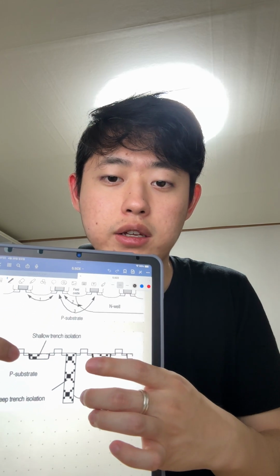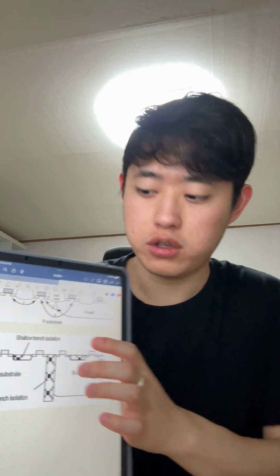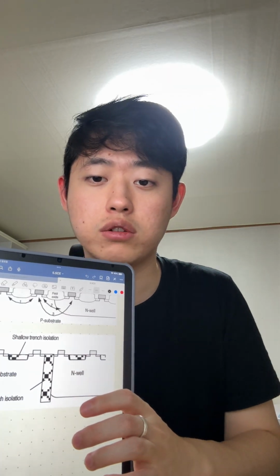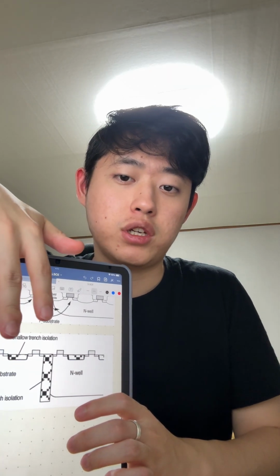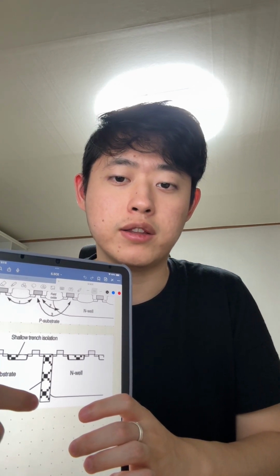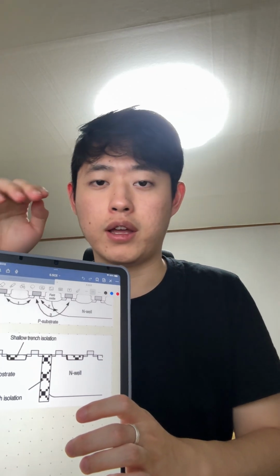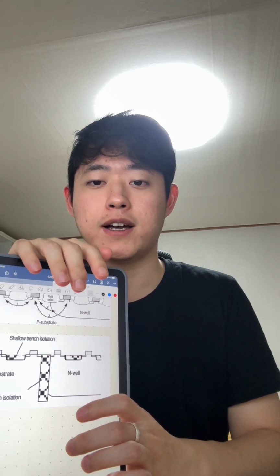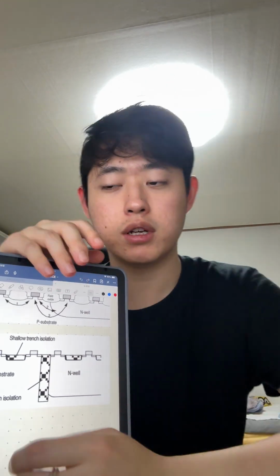STI is the shallow trench isolation: etching shallow and putting the oxide in there. DTI is the deep trench, where we etch deep and put the oxide, so the isolation is very deep. It is possible because of technology development.